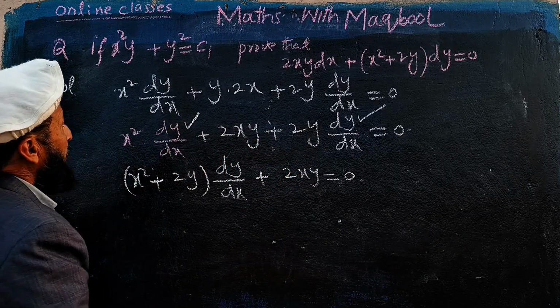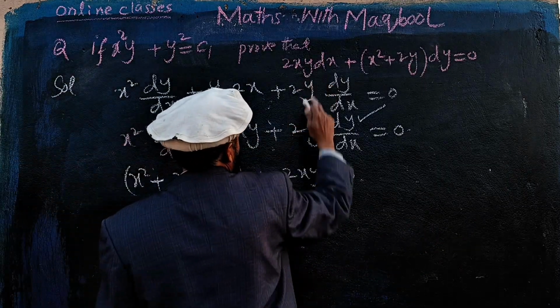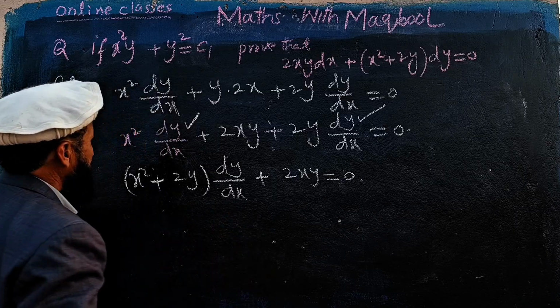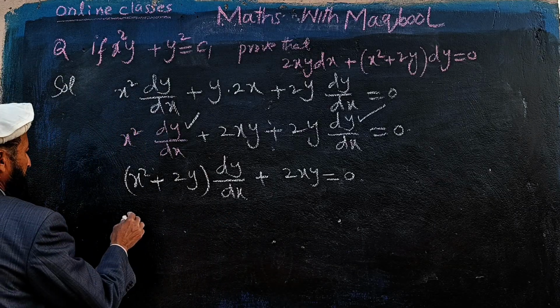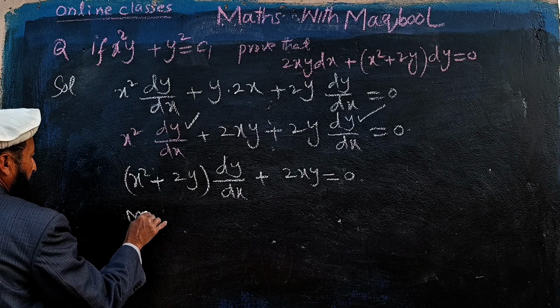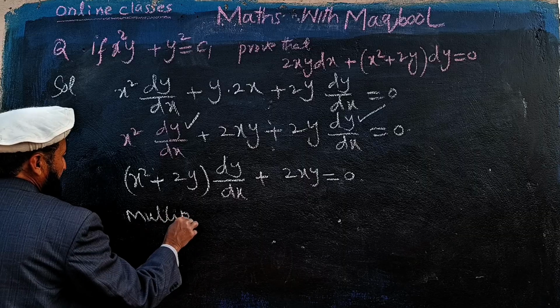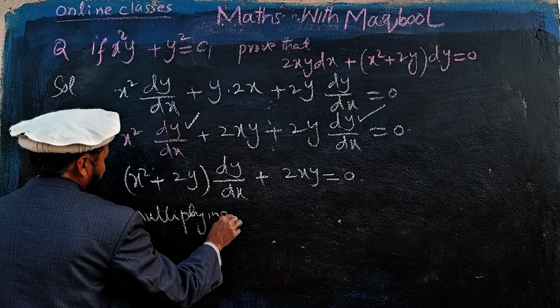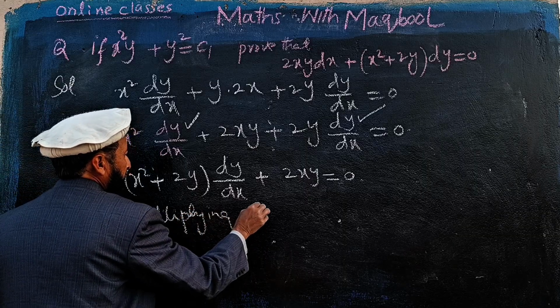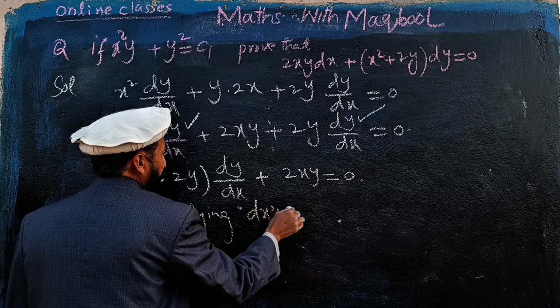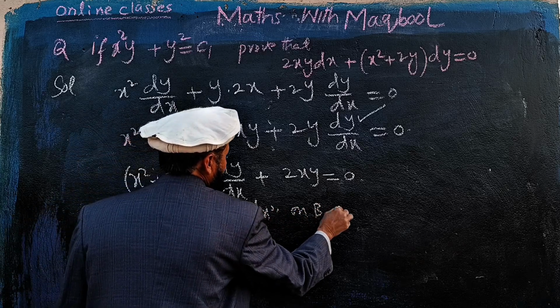Next we require 2xy dx. It means that we multiply dx on both sides.